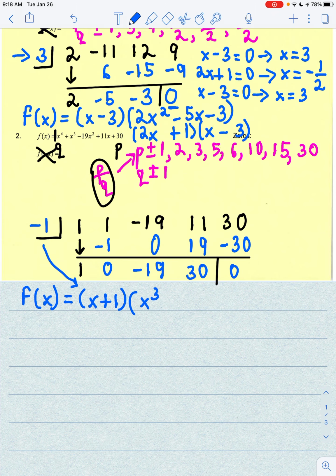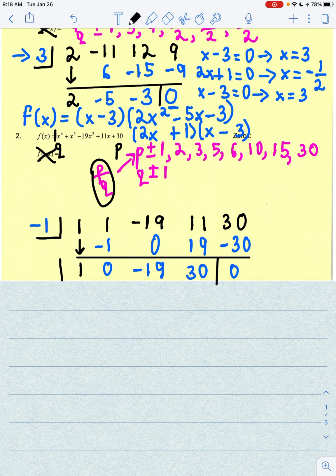I don't have an x squared term because I have 0 there. Minus 19x plus 30. Now, I don't really need to write it here, but I just wanted you to recognize that is that polynomial. So I'm going to work off of what I had. I'm going to piggyback on the synthetic division I already had. So that's kind of cool, and I want you to see that.